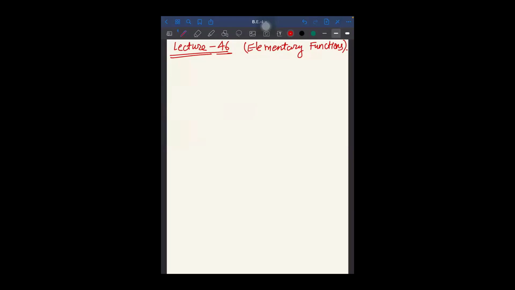So there are so many functions. We'll be discussing a few of them. So one concept is the exponential function, and the exponential function is defined as, okay.